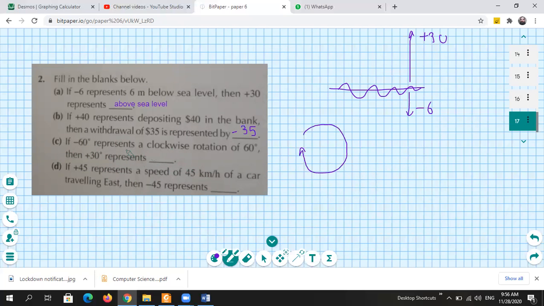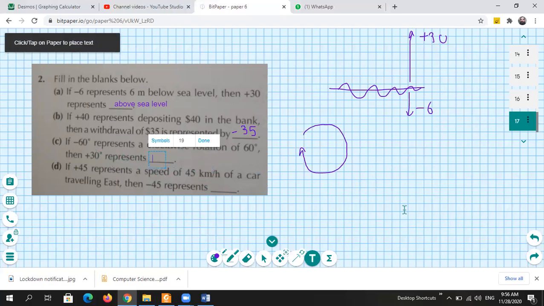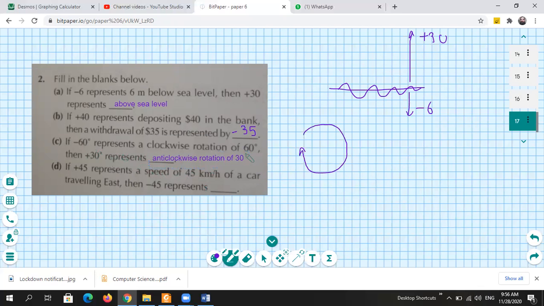So I'm writing here plus 30 is opposite to the clockwise rotation. So it must be anti-clockwise or counterclockwise rotation of 30 degrees. All right, part C done.